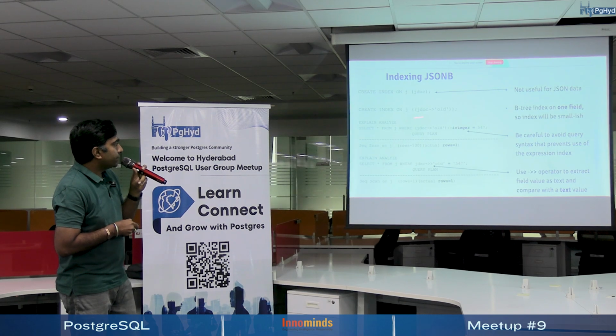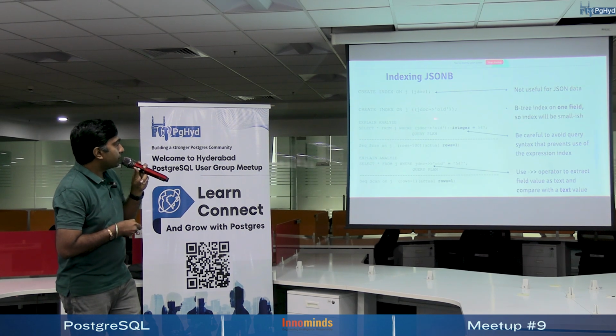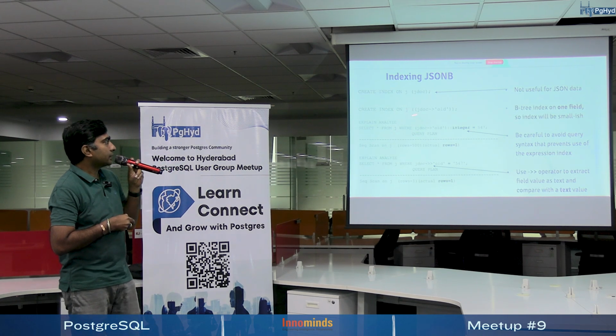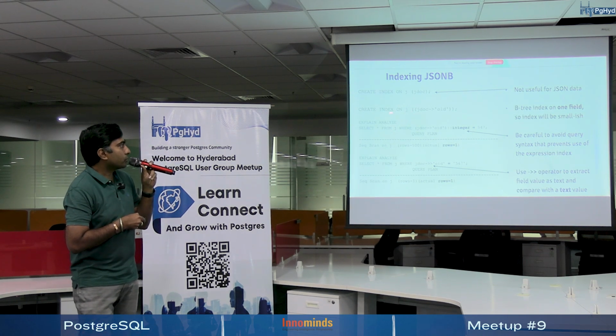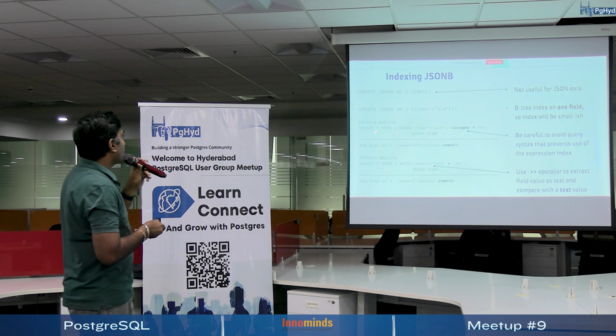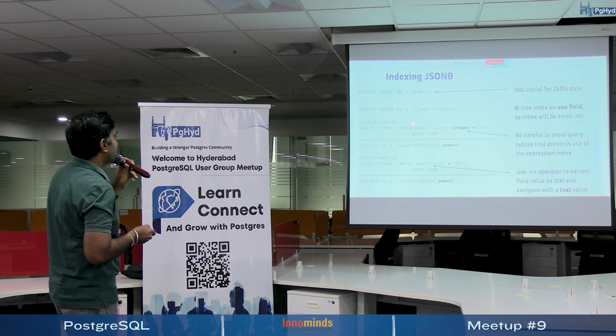And you have to create the index in this particular format, but we haven't given any further instruction on what type of index it is supposed to create. In that case, it will choose the default index, which is the B-tree index.